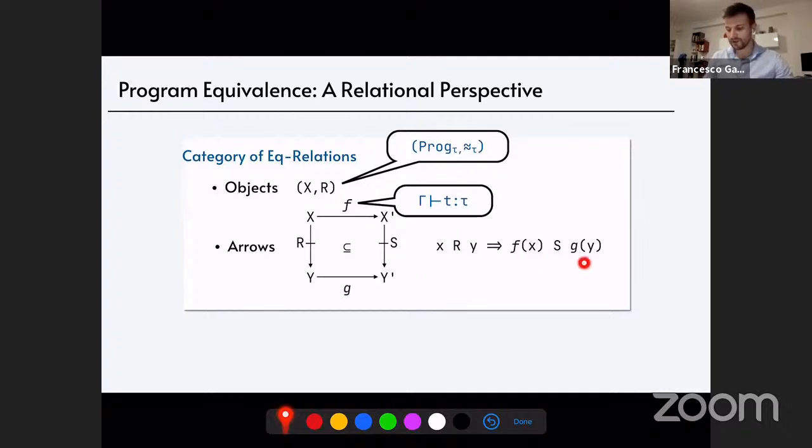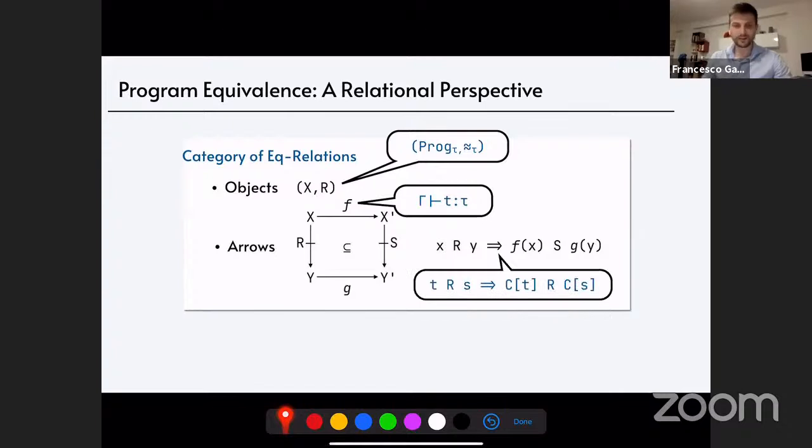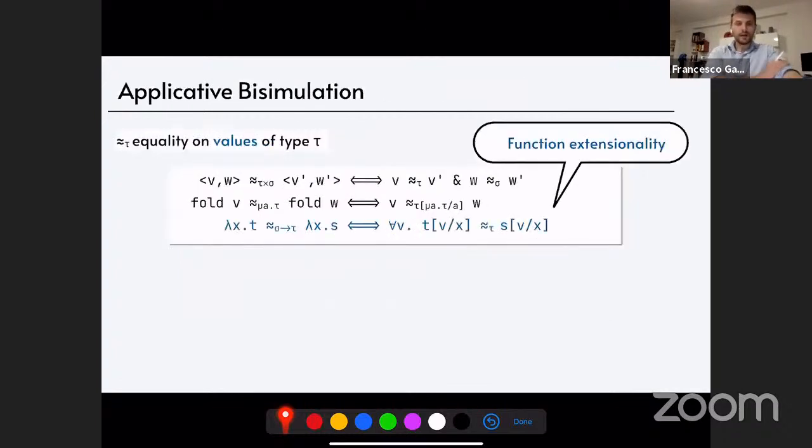And this condition here, that functions preserve the equality between programs, is exactly compositionality. Right? It's exactly a condition that tells us that we have a congruence and that we have compositionality, which is, as you have already seen, a fundamental requirement for this whole business. Okay, so that's the framework in which we will work.